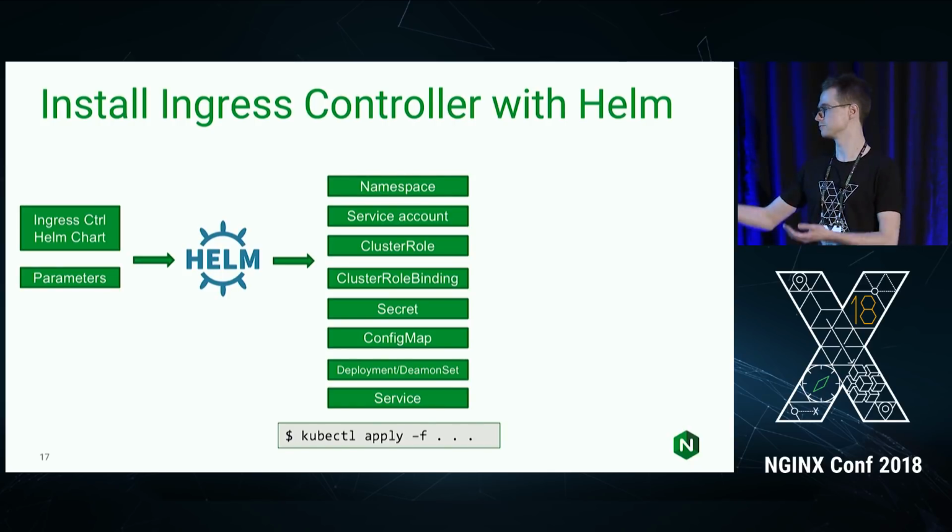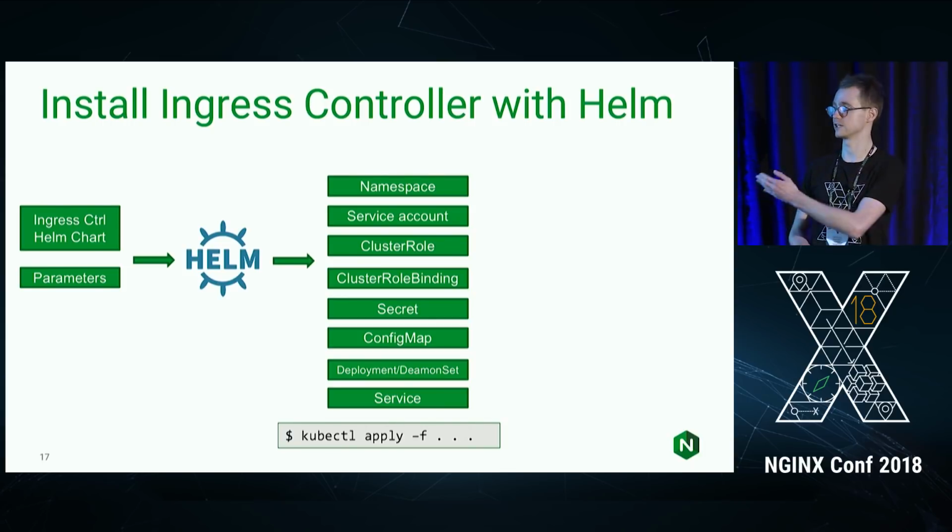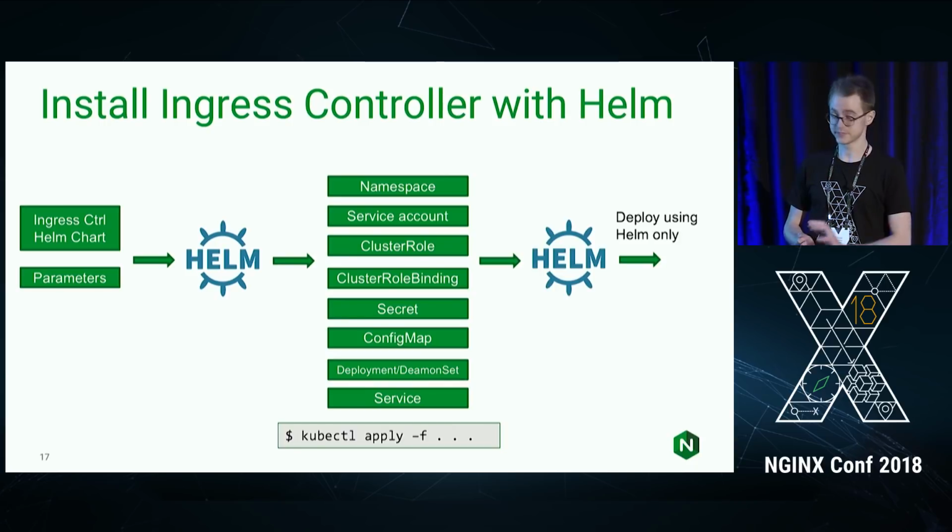Those manifests you can then deploy using the kubectl apply -f command. The most common way of using Helm is to run it inside the cluster, so you can deploy and manage your applications using Helm as well. But for our demo, we will only use the manifest generation feature.